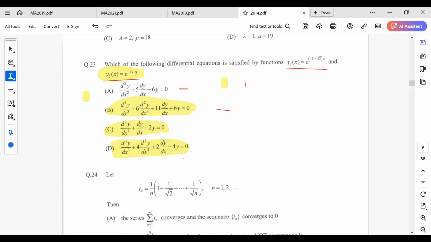Here in option D, आपने क्या करना है? आपने सीधी बात है कि अगर आपको कोई भी इक्वेशन, अपने को कैल्कुलेटर तो अलाउड नहीं है, तो अपने को सीधी सी बात है कि जब भी कोई इक्वेशन दिया है, सपोज उन्होंने they have given this equation d cube plus 4d square plus 2d minus 4.